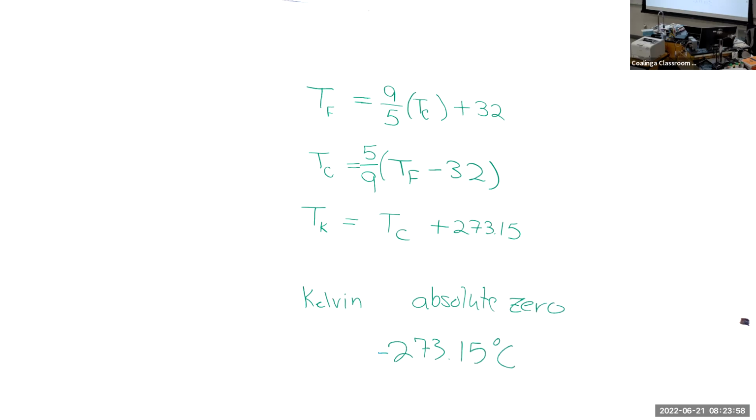So we put 100 in here, multiply that by 9/5, plus 32. That equals 212.